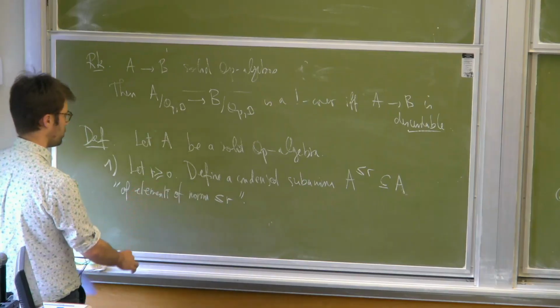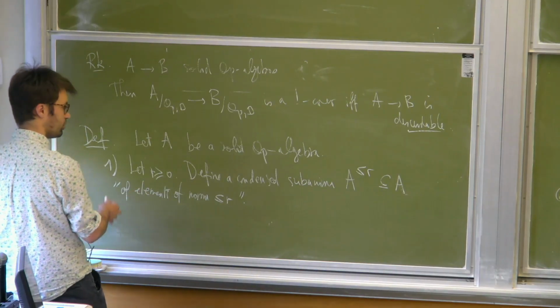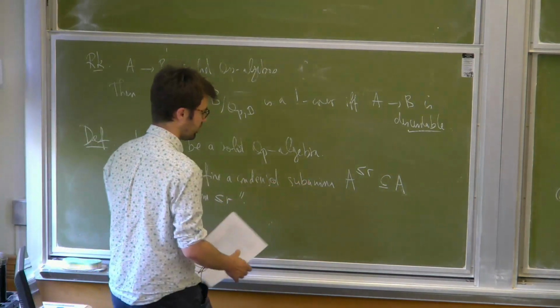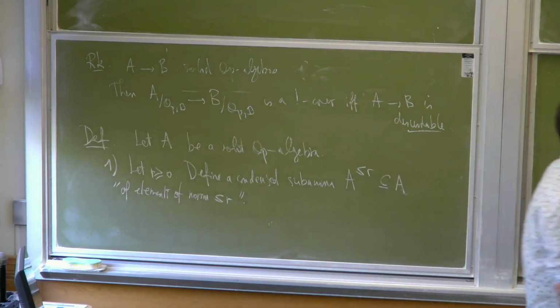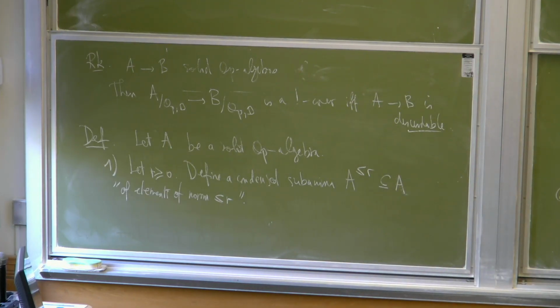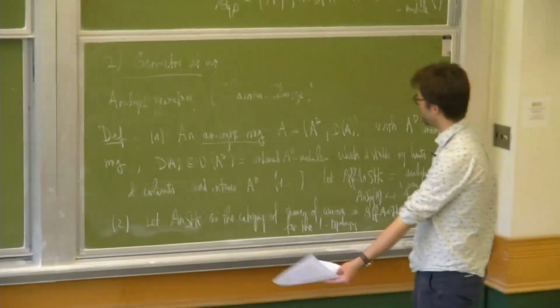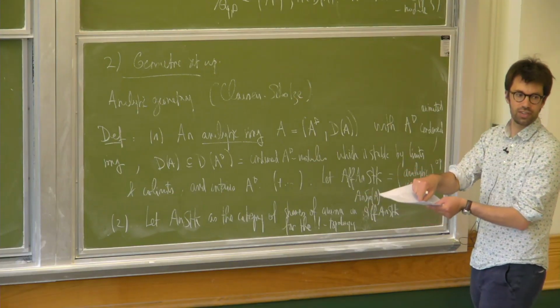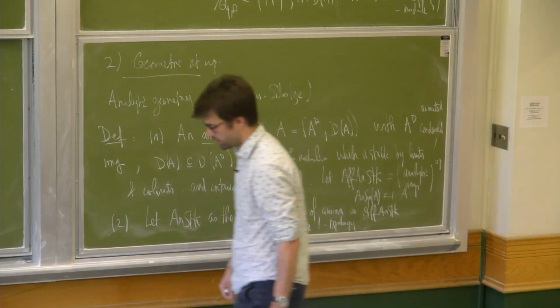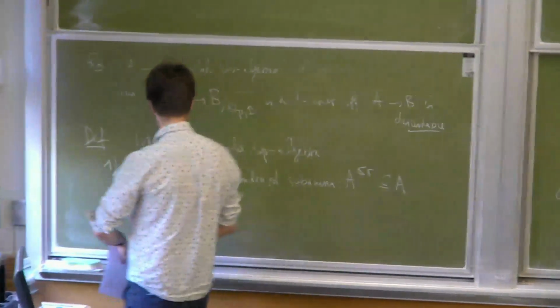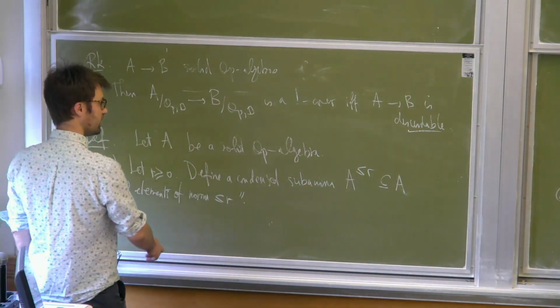And I won't give a proper definition of this, just some intuition, maybe what happens on the underlying ring. For any condensed ring, which is a sheaf of rings on light profinite sets, I can just evaluate on the point, and then I get an honest ring. This is what I call the underlying ring. So what does that look like in this example? What is this subset?